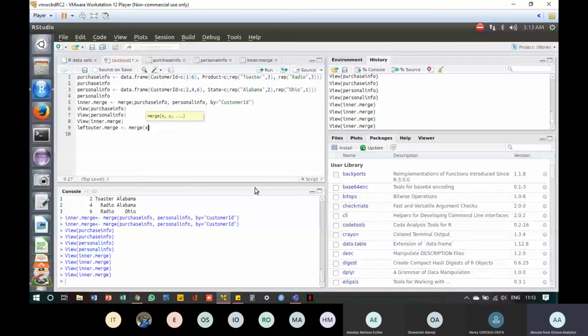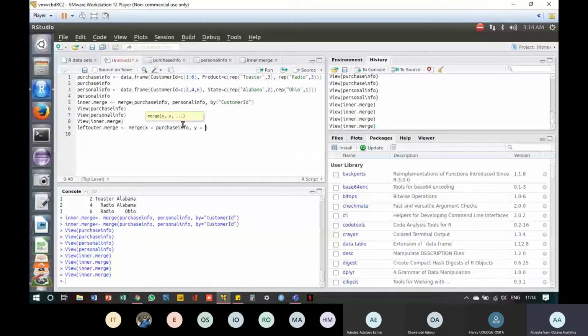Because if you do not indicate your X and Y values and you just ask it to merge on X, it wouldn't probably know what you are trying to say as X or Y. So if X is, let's take X as purchase info, so purchase info X, and Y is personal info as Y. I like putting a lot of spaces for clarity, but it's not compulsory.